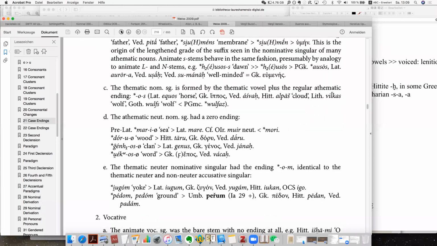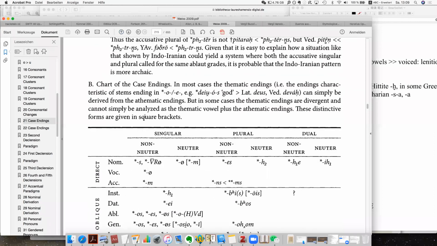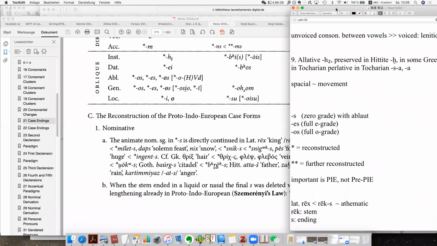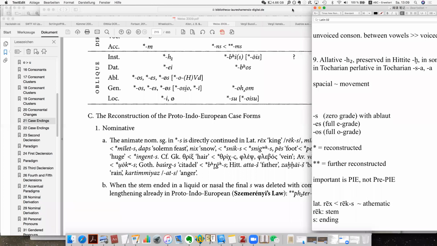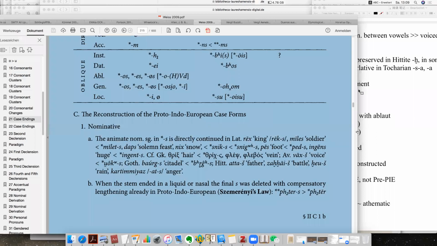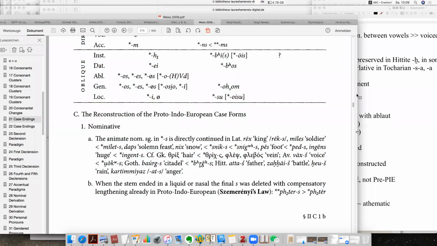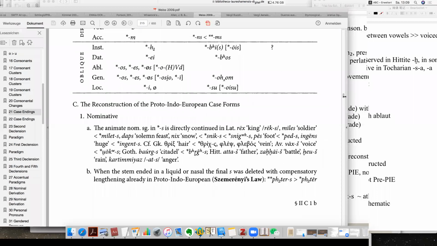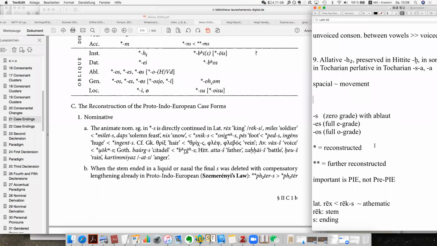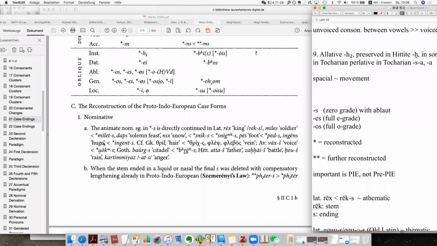We started from the nominative, and I also mentioned that, let me make this a little bit smaller so that I can show you my notes as well. You can see here are just some examples of the nominative.